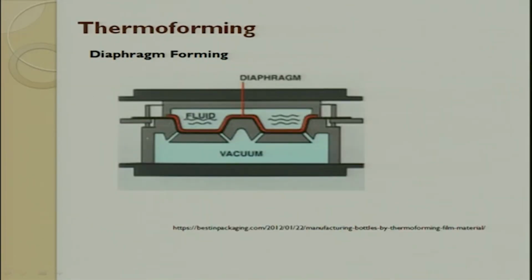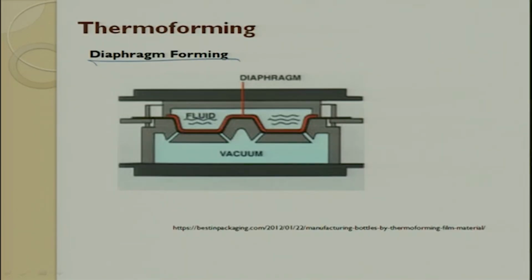You have made a tool, and here is the fluid which is present, and here is the diaphragm on the top. So, you try to get the required output, and the vacuum is applied at the bottom.